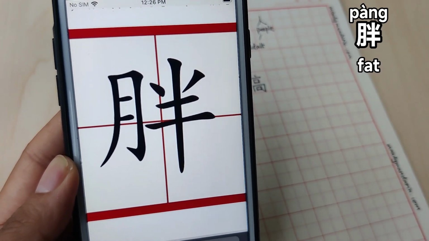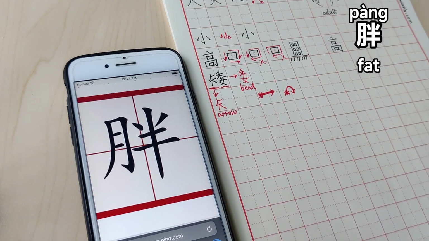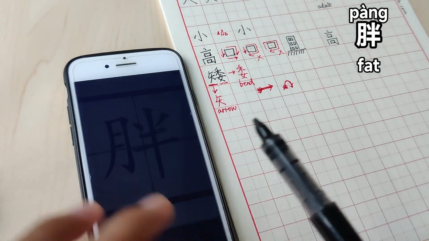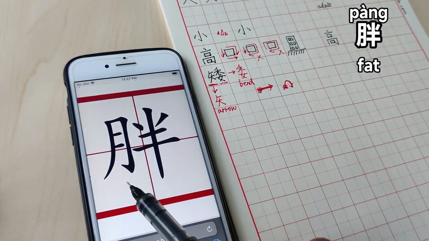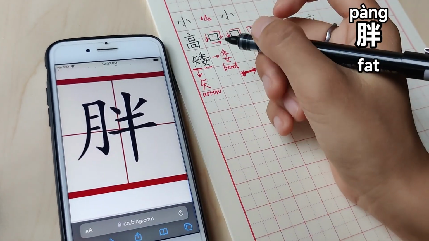胖. Fat. I know this is a bad word. We're not supposed to be mean to other people, but we have to learn the language, right? So the 胖, as we can see, is the left-right structure, and we will start from the left.